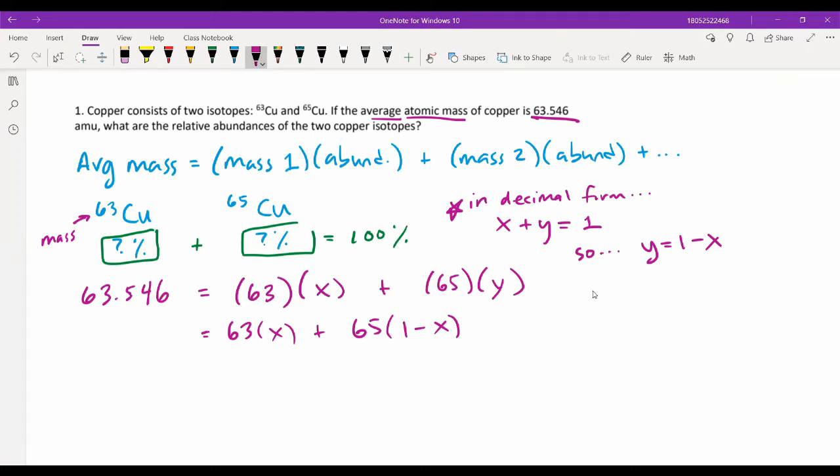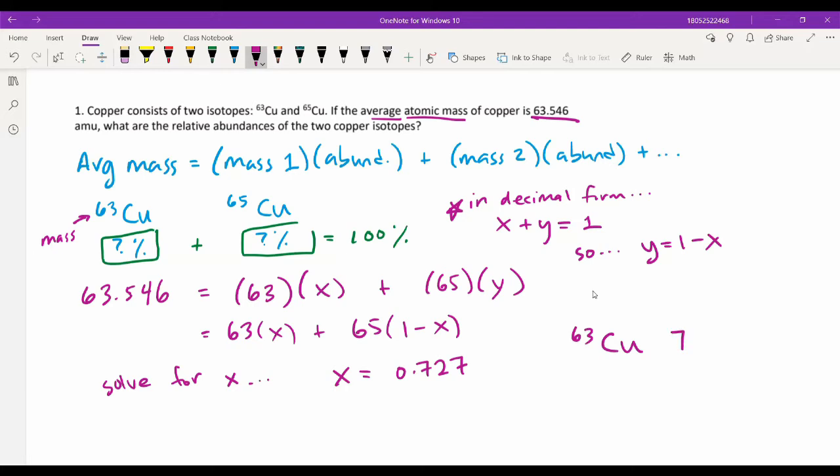But anyways, basically solving for X, I'll leave out the particular algebra steps. And we get 0.727. Okay, so now to answer the question, that represented the abundance of copper 63. So our copper 63, but this is in decimal form, so we want to multiply it by 100.